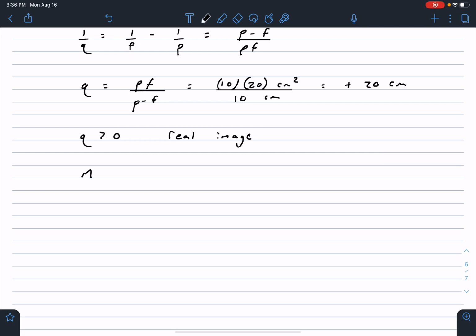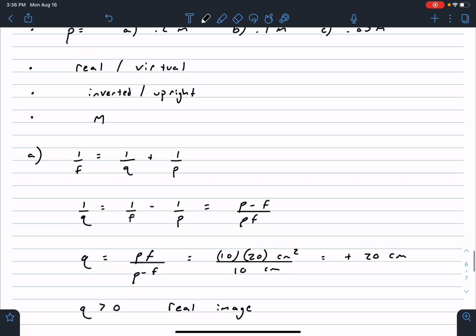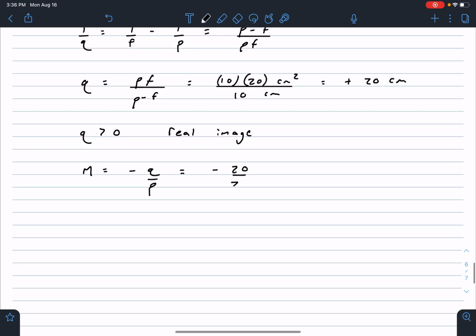If we want to find the magnification, I keep saying magnetization, which is not right, it's negative Q over P. So it's going to be negative 20 over P, which was 20 also. These are both in centimeters. Centimeters cancel, that means we're going to have negative 1.